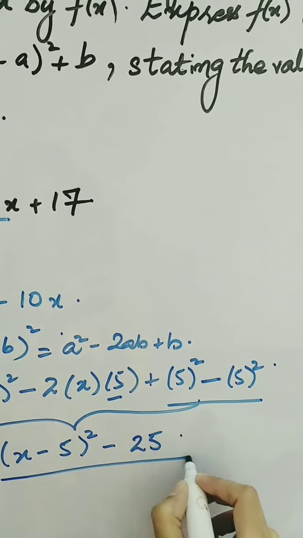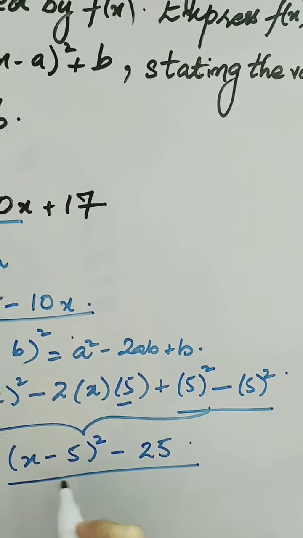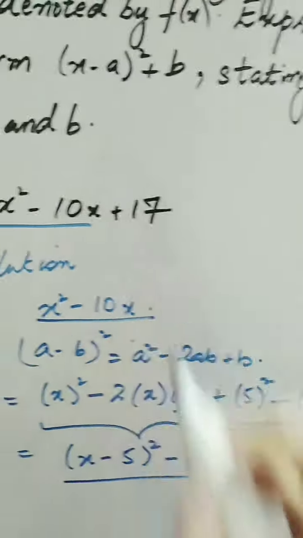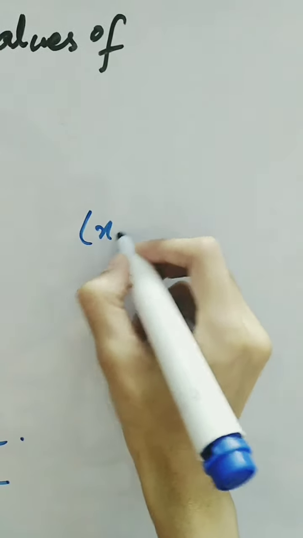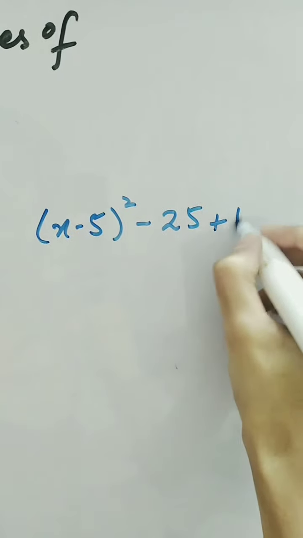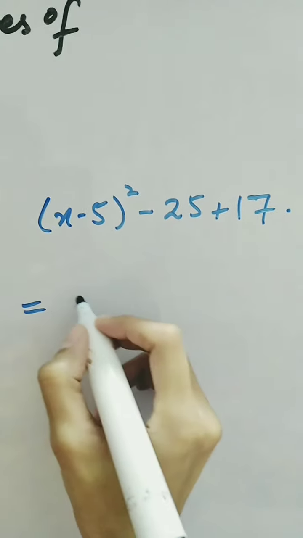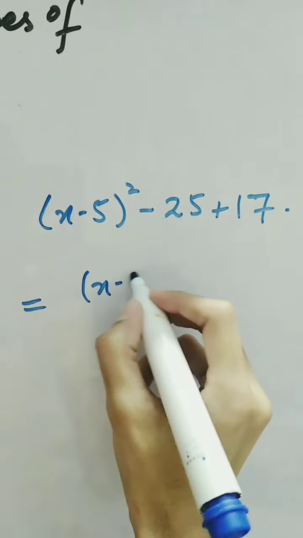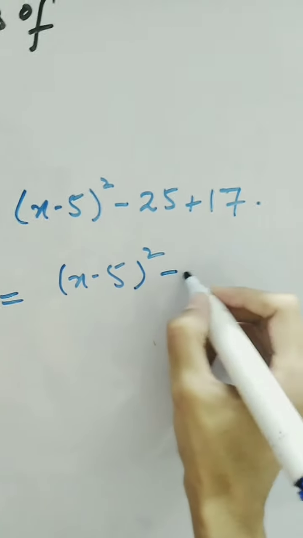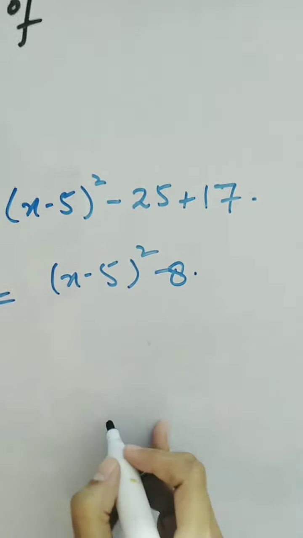Now this is equivalent to this. Now we put the value of x square minus 10x in the given equation. We have x minus 5 whole square minus 25 plus 17. So we have x minus 5 whole square minus 8.